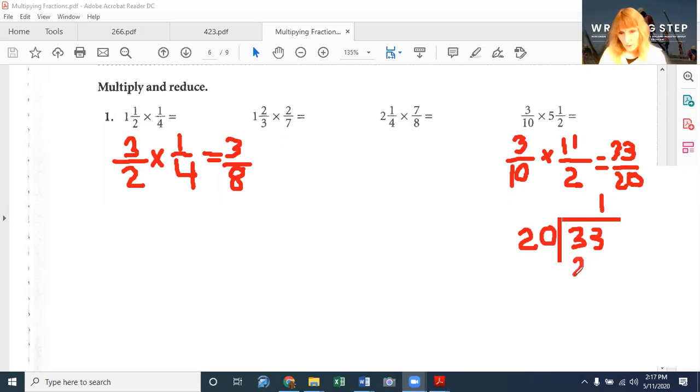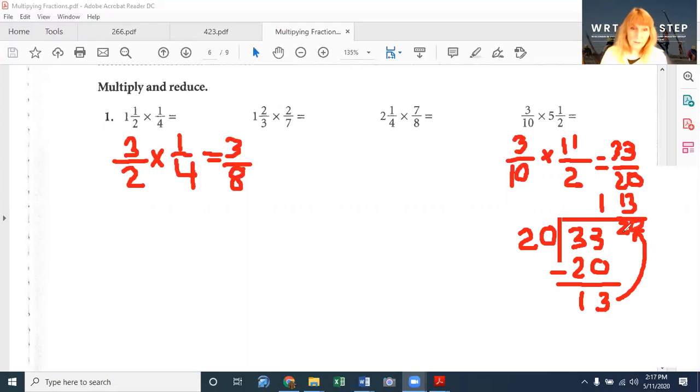That's over. So I do this, and then I subtract. 33 minus 20 is going to give me 13. And that 13 is going to come up to the top and become the numerator of my answer. And the denominator is going to stay 20th. So my final answer is 1 13/20.